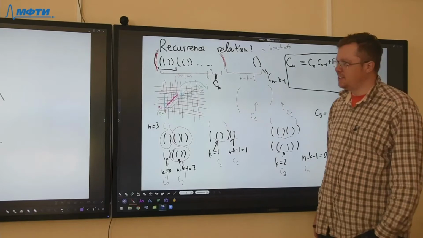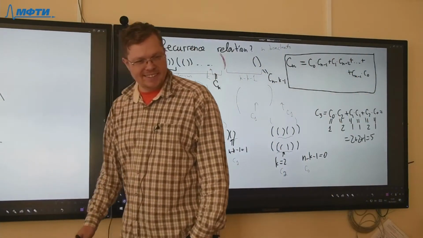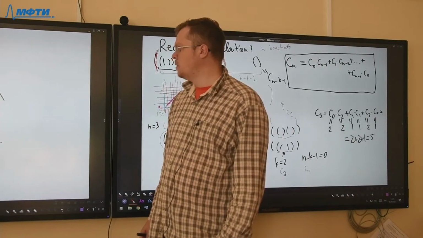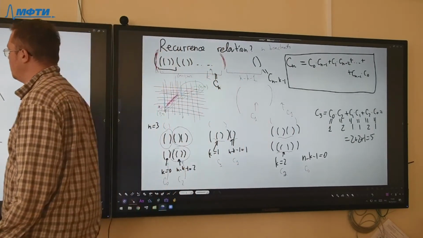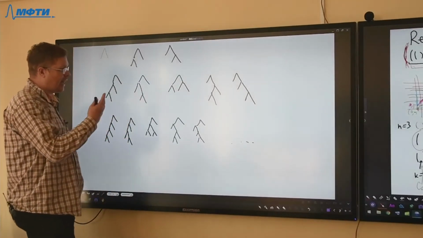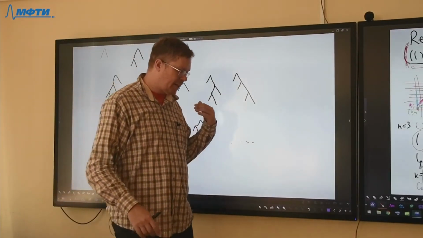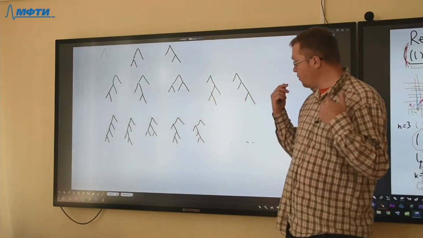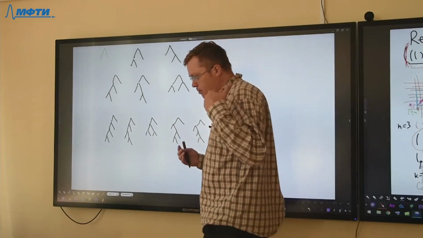Professor, do you need the number of leaves for the tree, or the number of nodes? Yeah, but I want you to look at this picture and see the same pattern as I described when proving the recurrence relations.